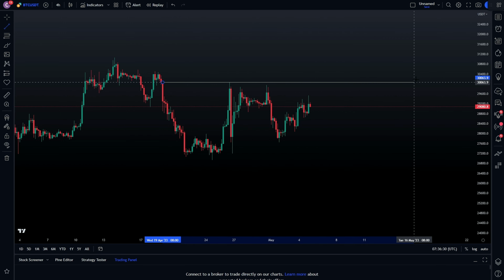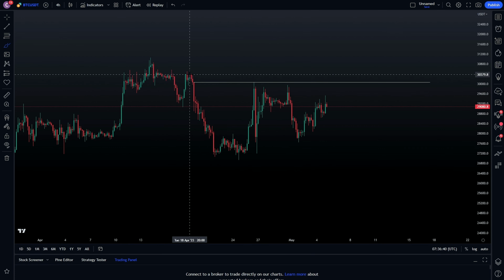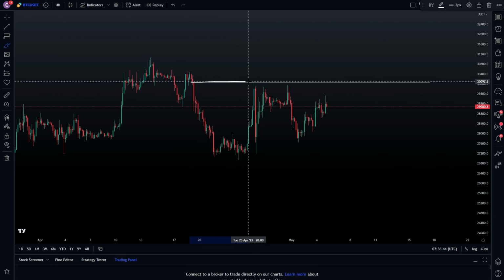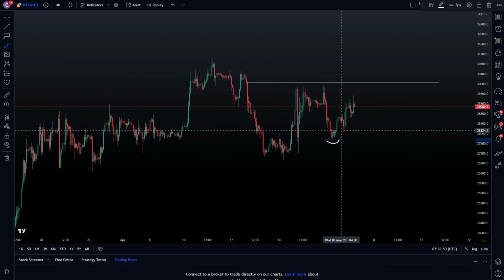And that flat hour 4 candle is perfectly aligning with our previous high over here. So we don't only have a very big high that is a draw on liquidity, no, we have an hour 4 flat candlestick, which is forming an equal high with this high over here, which is an even bigger draw on liquidity. We can also see pressures definitely towards the upside with these higher lows over here.